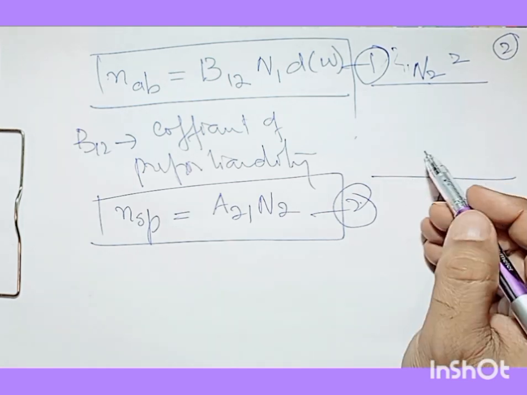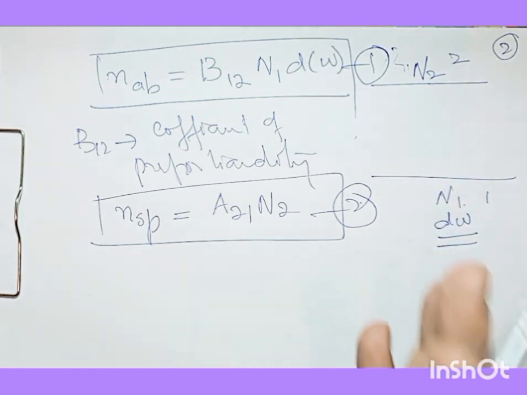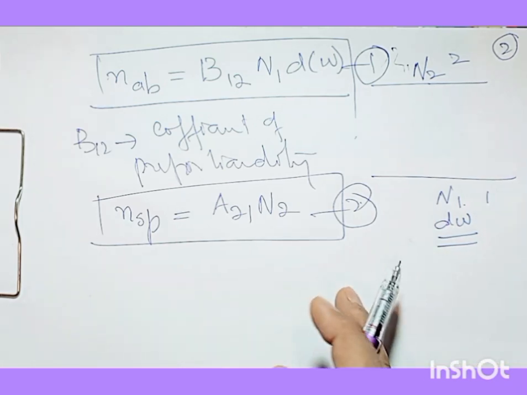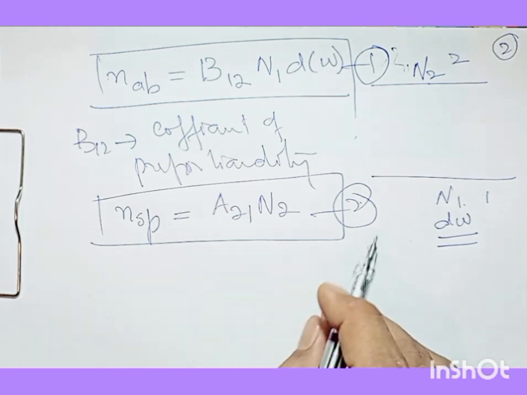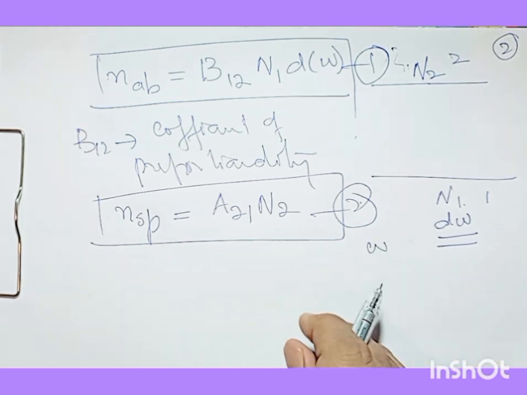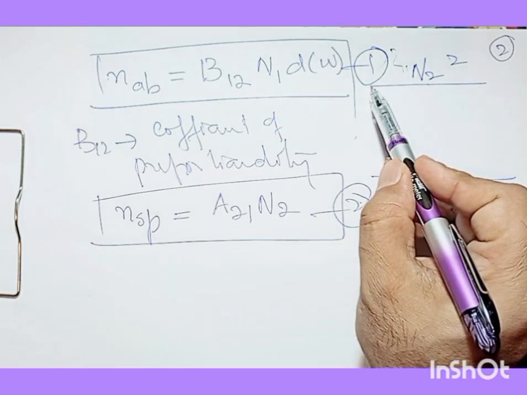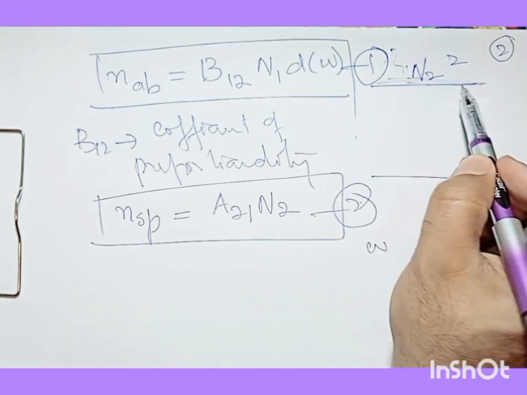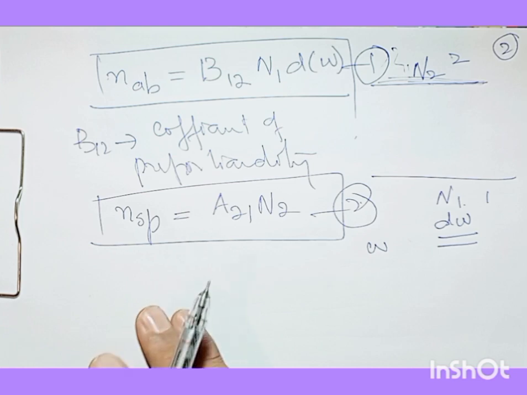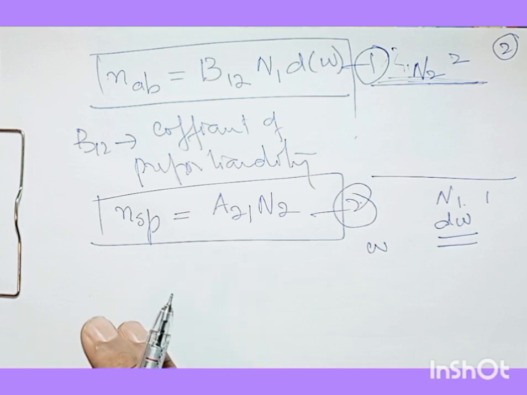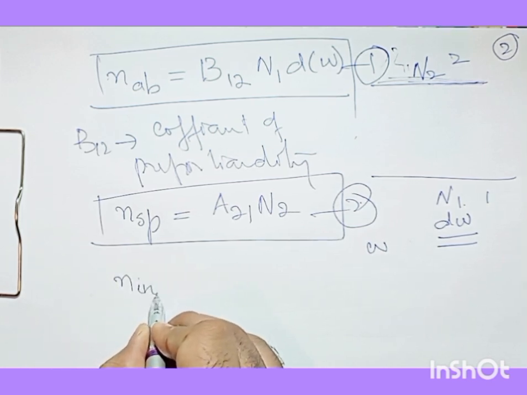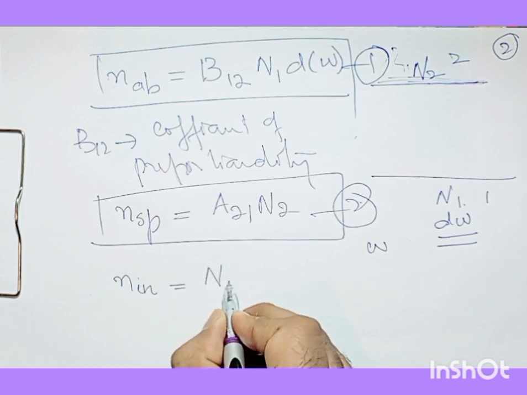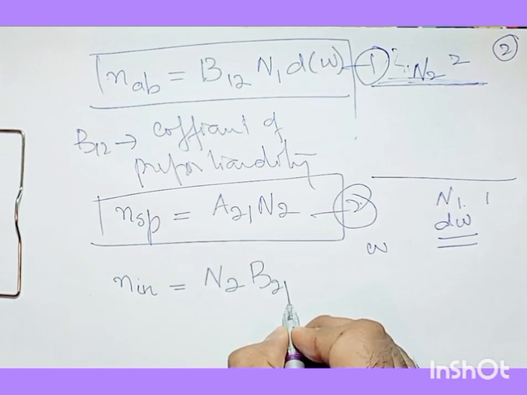The rate of such transition to the lower energy state is proportional to the energy density of the radiation of frequency omega, as well as the number of atoms available in the excited state N2. Hence, this is the number of induced emissions per unit time, per unit volume. Let me represent that rate by N induced, and this is equal to N2 B21 d of omega.